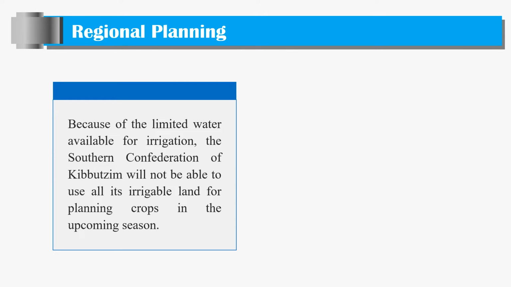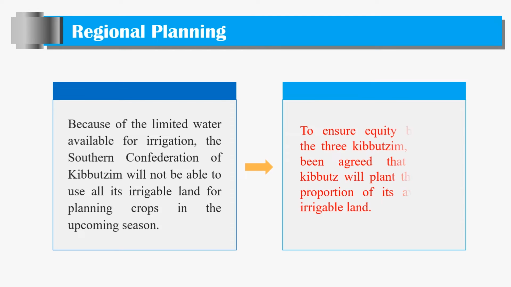Because of the limited water available for irrigation, the Southern Confederation of Kibbutzim is not able to use all its eligible land for planting crops in the upcoming season. To ensure equity between the 3 kibbutzim, it has been agreed that every kibbutz will plant the same proportion of its available eligible land.